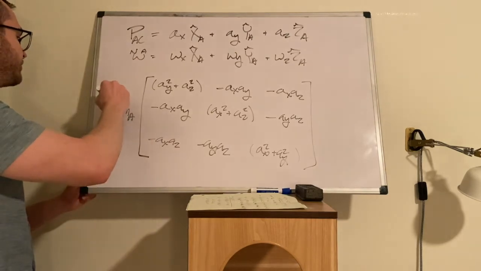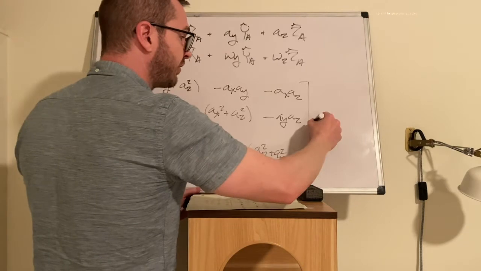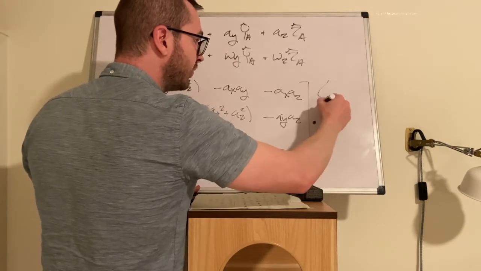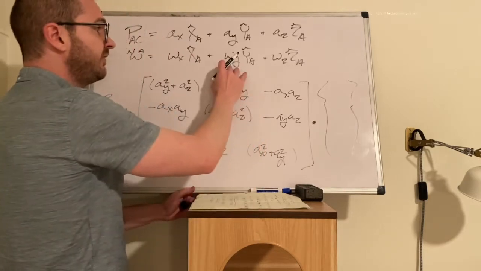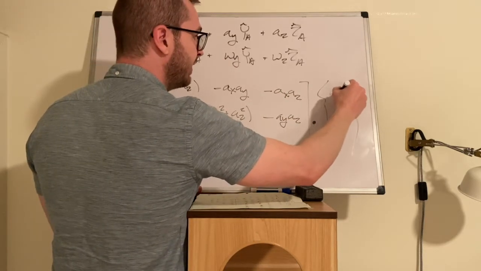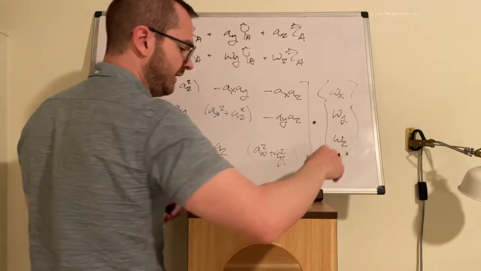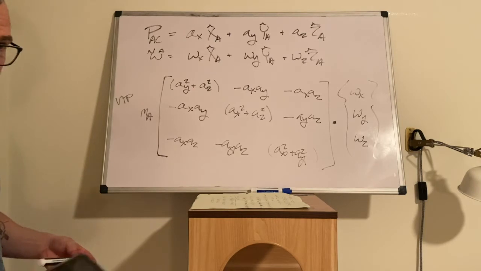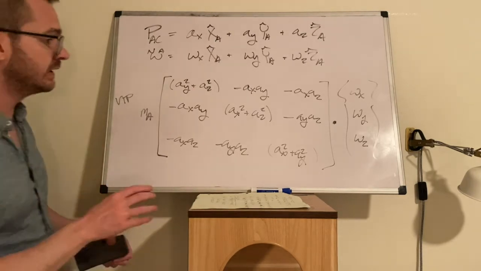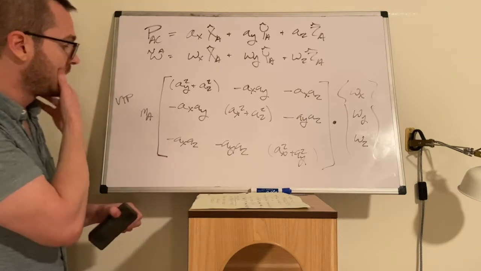This is our vector triple product. It's turning into this 3 by 3 dyadic or matrix, however you want to think of it, and it is dotted against the omega in A vector. So omega x, omega y, omega z. If you go back and look at the previous video, if you look in your notes, this very clearly has a form very similar to an inertia dyadic.